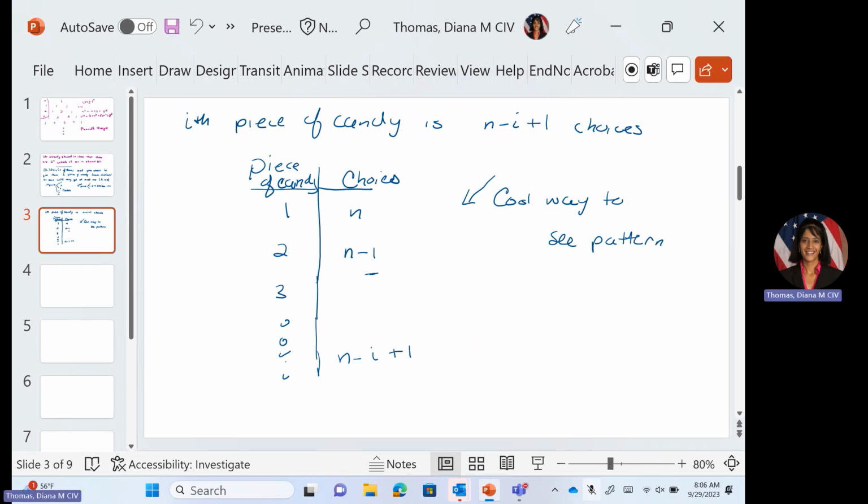All right, so if you total it all up, you run out when you're done with the K pieces, and the K pieces of candy are going to look like that.